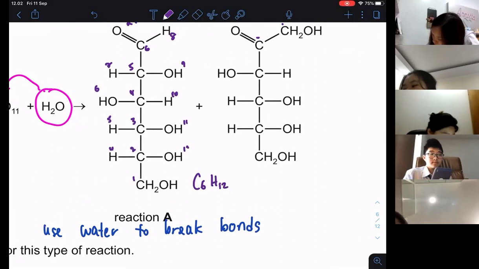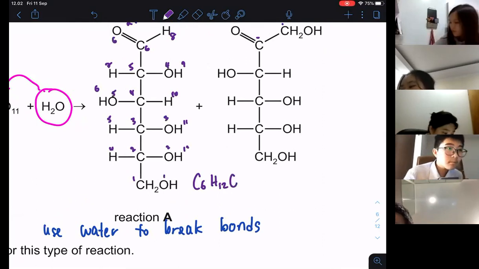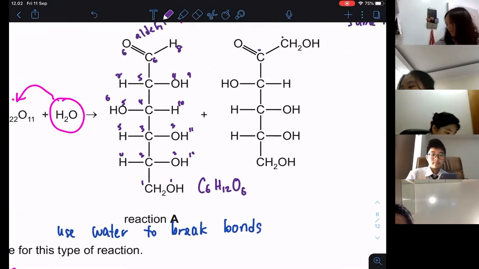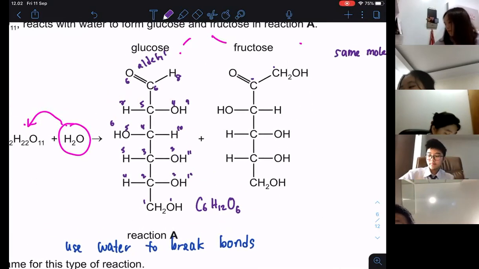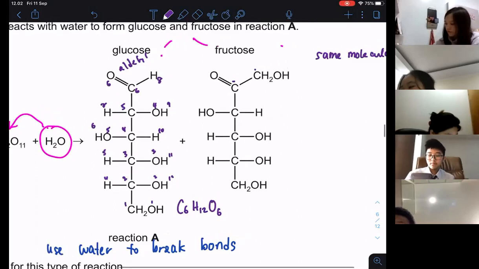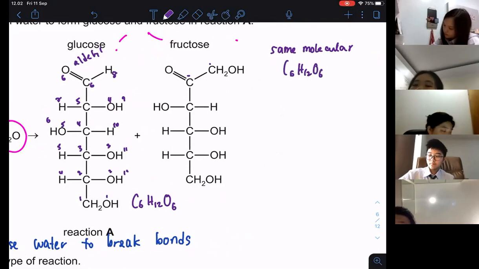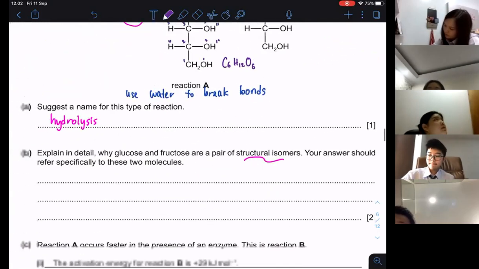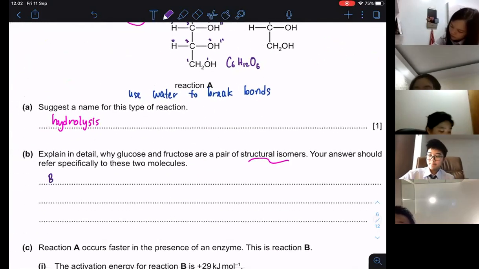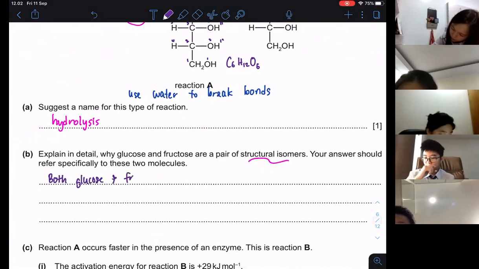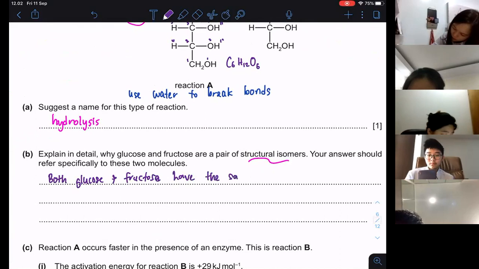How many O? 1, 2, 3, 4, 5, 6. If they say no need to waste time, they already say it's actually structural formula. I know that they have the same molecular formula, C6H12O6. So to save time, I'll just say both glucose and fructose have the same molecular formula.